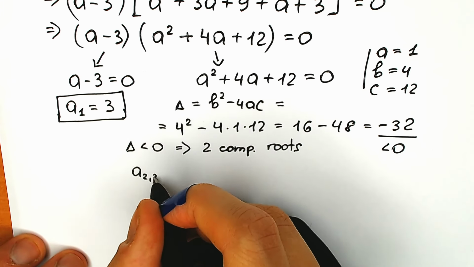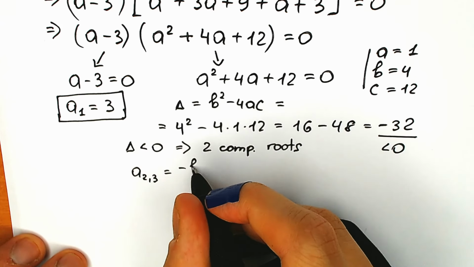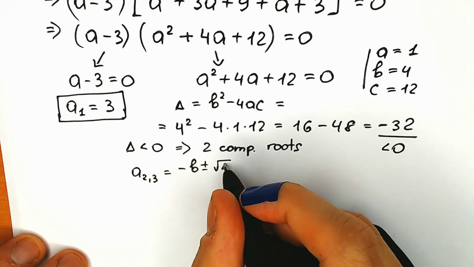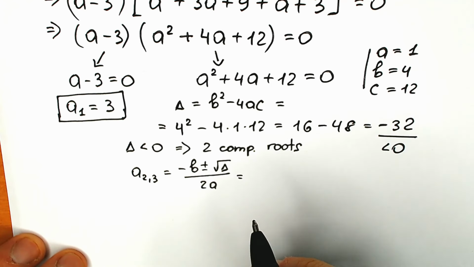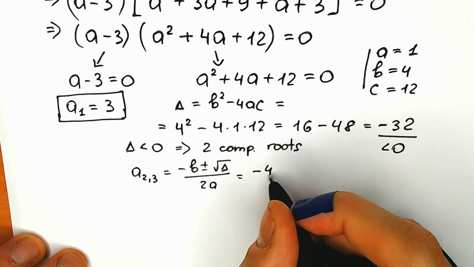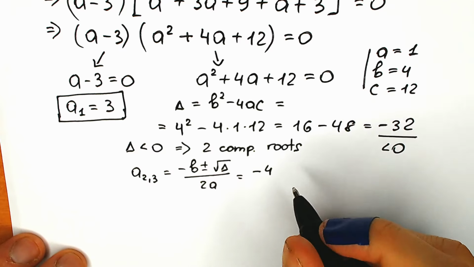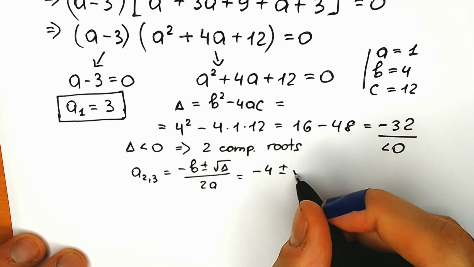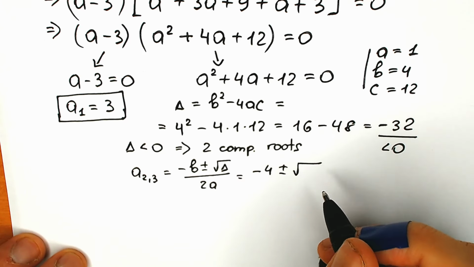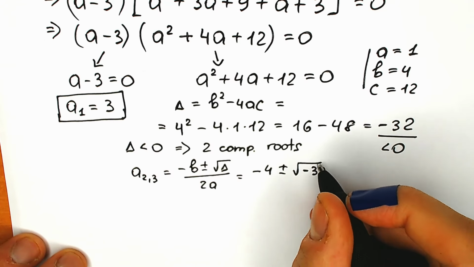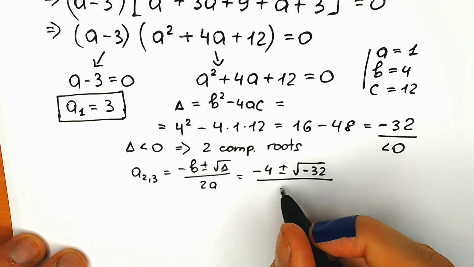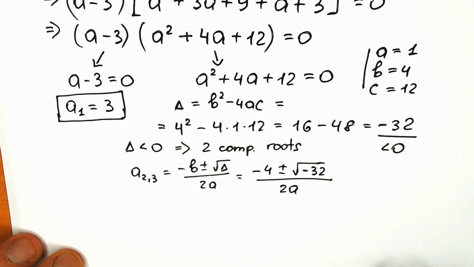So a second and a third equal to minus b plus minus square root of D, all over 2a. So we have minus 4 because b equal to 4, plus minus square root of the discriminant, which is minus 32, all over 2 times a.